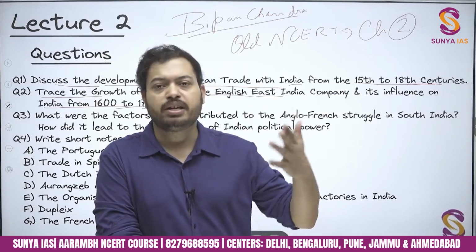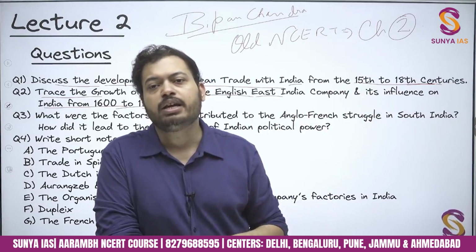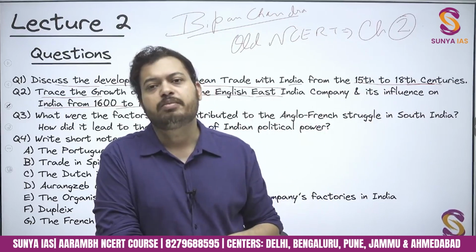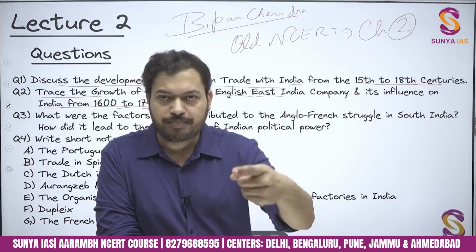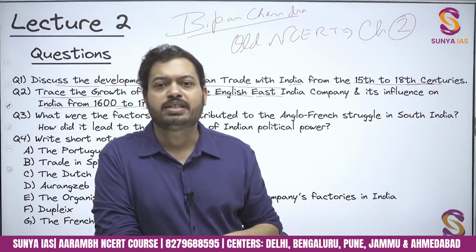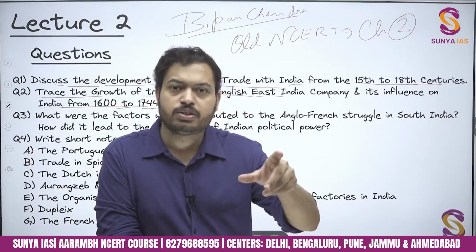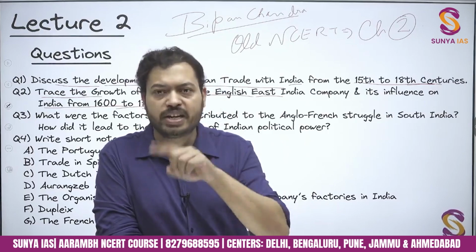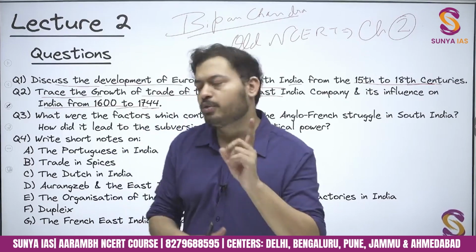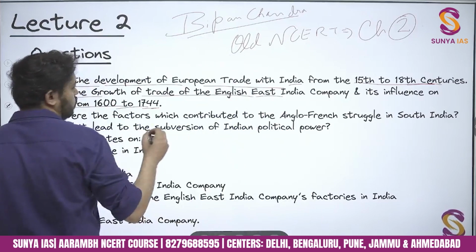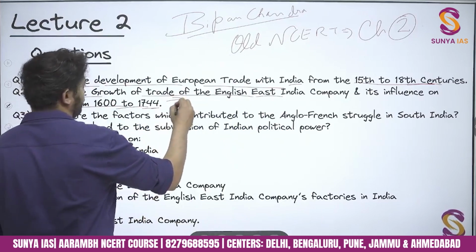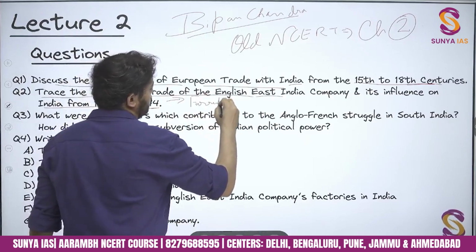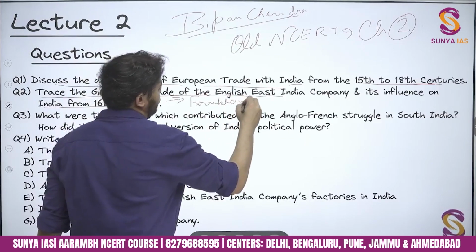Over the period, they kept getting favorable terms, which ultimately led to the 1717 Golden Farman, the most favorable terms anyone had got till then when it came to trade. You have to mention that here. Unless you mention the Farrukhsiyar Farman, your answer will not be considered finished.